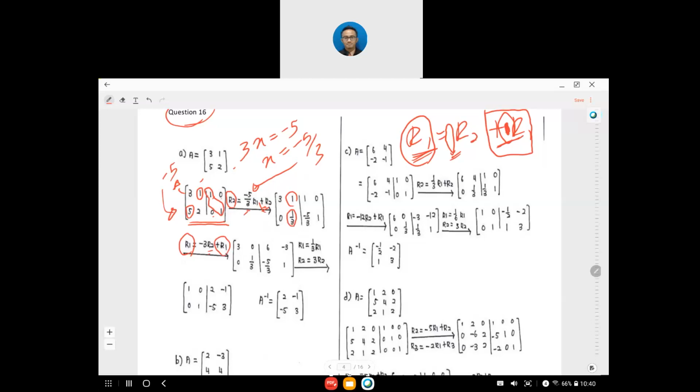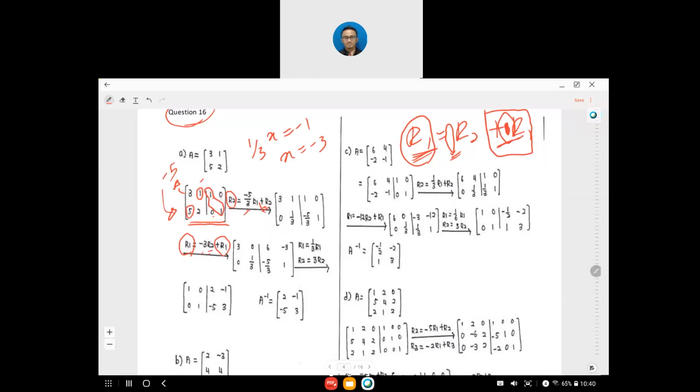Kenapa kita nak jadikan negative 1? Because we know that negative 1 plus 1 is 0. So macam mana nak jadikan negative 1 tu? 1 over 3 times what equal to negative 1? So x equal to negative 3. That's why your friend wrote here negative 3 times R2.